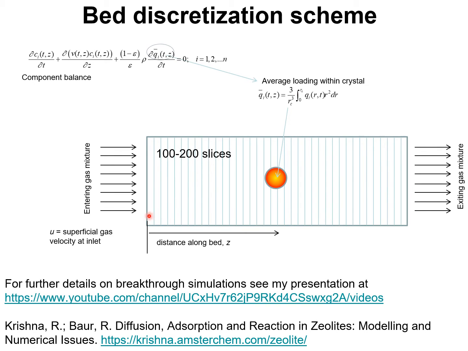The adsorber bed is normally divided into 100 slices, and further details of the numerical techniques used to solve the set of partial differential equations are provided in this website.